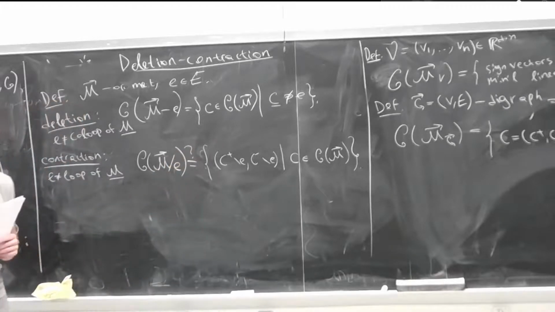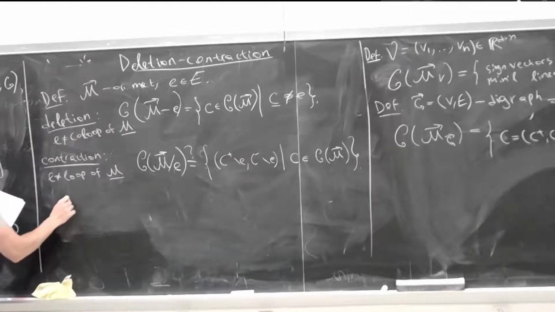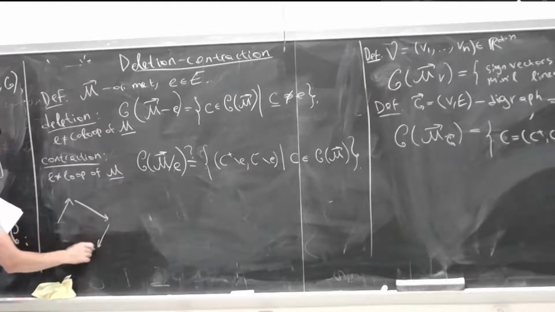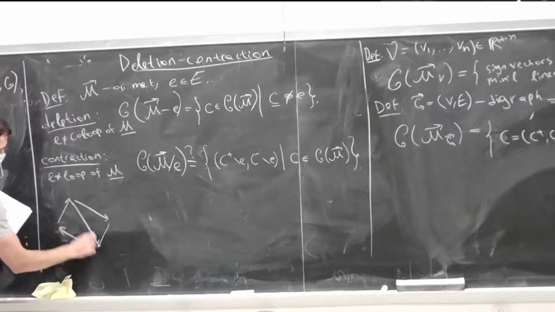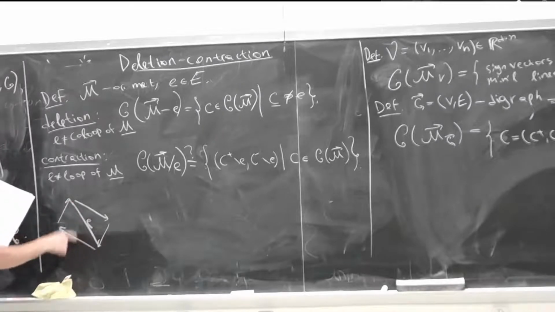Does it work for graphs? I see. So if I have some cycle in my graph, and then E somewhere is a chord of that cycle.